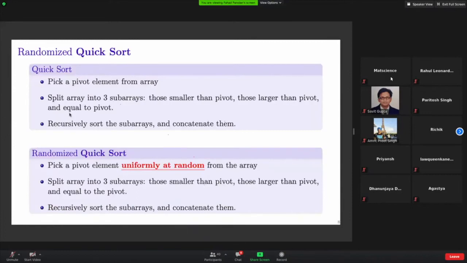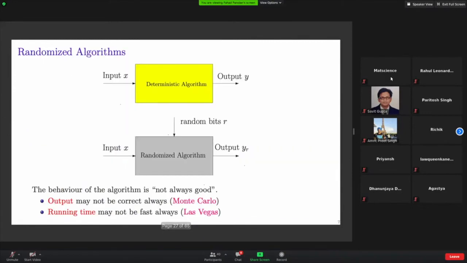First, what we will see is a randomized algorithm. Next, we will see the randomized quicksort algorithm, which is an example of a Las Vegas algorithm. That means it will give you a sorted list for an input list of numbers, and its expected running time will be fast.